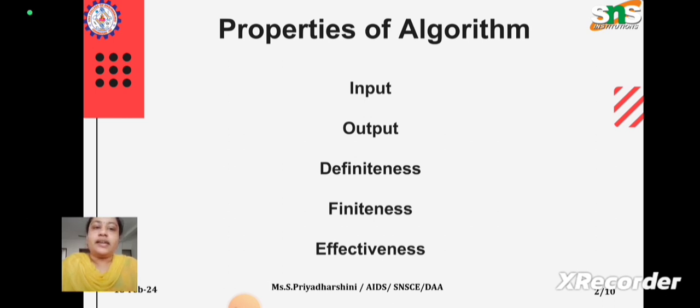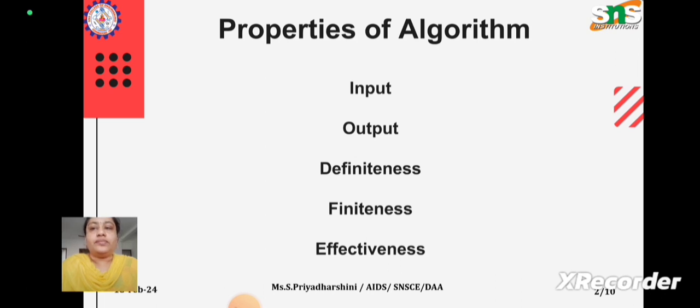We have seen the characteristics of an algorithm too. The first characteristic is that it must take an input and must give some output. Then the definiteness of an algorithm: each instruction should be clear and unambiguous. Then finiteness: the algorithm terminates after a finite number of steps. Effectiveness: every instruction must be basic, that is, a simple instruction.